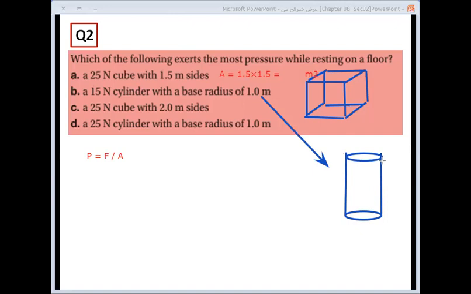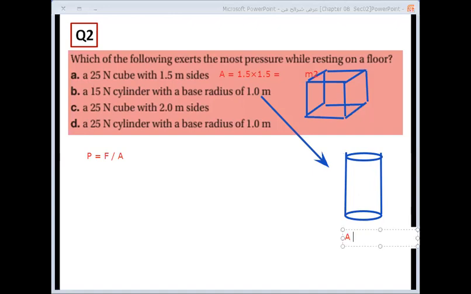So to find the area of the base, we will use the formula: area equals pi times r squared.